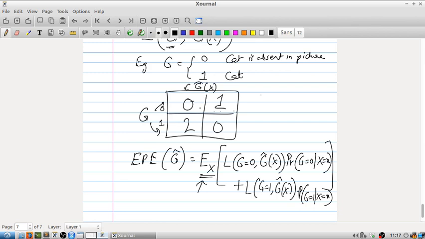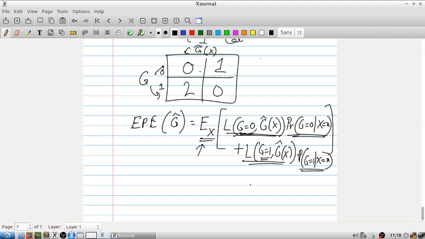Either the reality is that g is 0 or the reality is that g is 1, because that's a random variable there. And g is equal to 0 with this probability given x, and g is equal to 1 with this probability given x. This is just the expansion of that conditional expectation of the loss given x is equal to x.